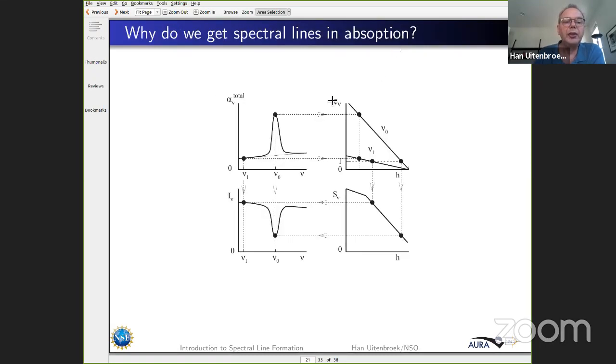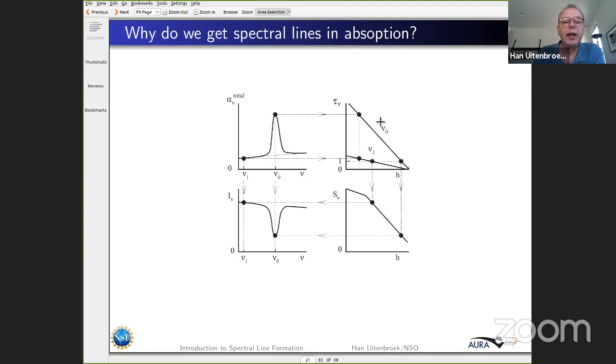Now, imagine that you have an absorption coefficient that varies very strongly with wavelength. I use frequency and wavelength interchangeably because the speed of light is simply the product of the wavelength times the frequency. So whenever things vary with frequency, they also vary with wavelength. So let's assume that we have an absorption coefficient alpha that varies very strongly with wavelength.